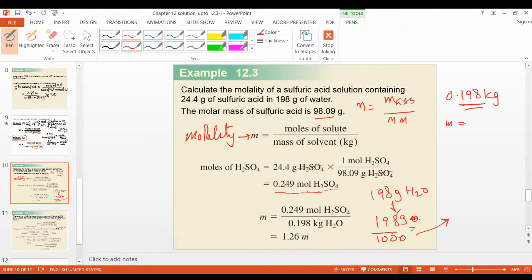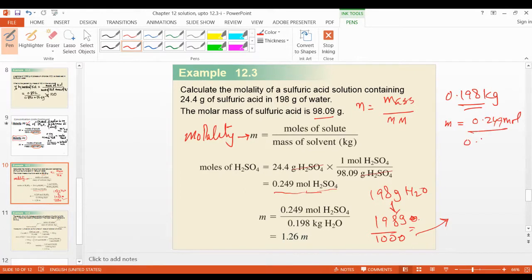Then the moles you got, 0.249 moles, divided by 0.198, then you will get molality 1.26 small m. Simple example, this one, straight example, no change at all.